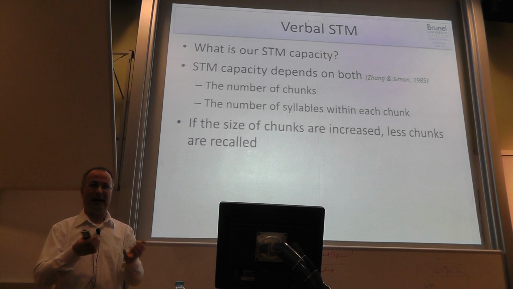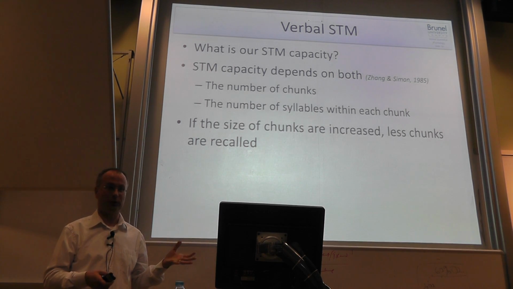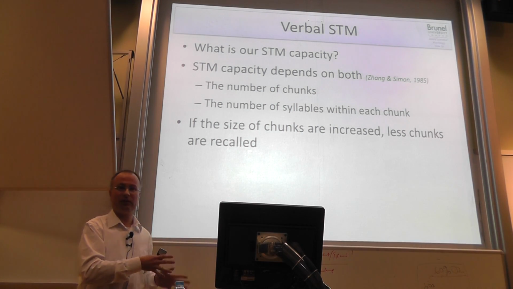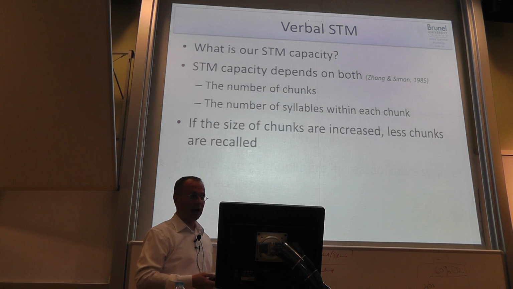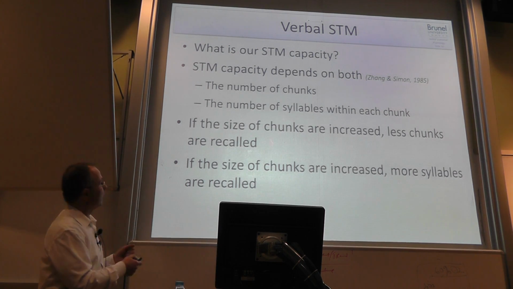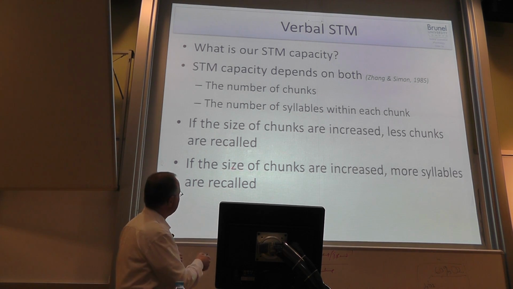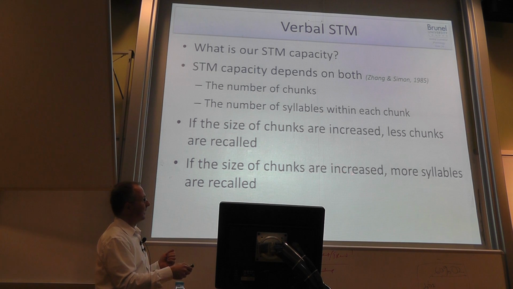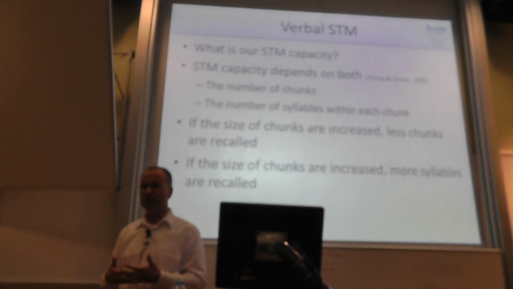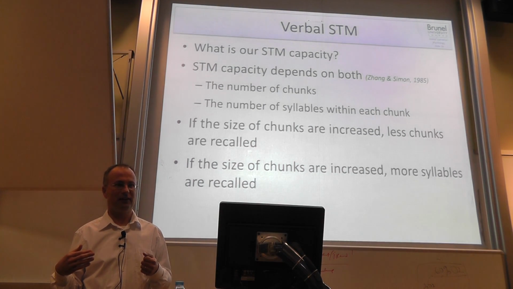For an average chunk, it may be 7 ± 2 for certain materials, but when you create very large chunks, you will see that this number goes down. However, it is a little bit less than expected by what you predict there. However, if you increase the size of the chunks, what you also can do is you can recall more syllables beyond the 2-second limit proposed by Baddeley.